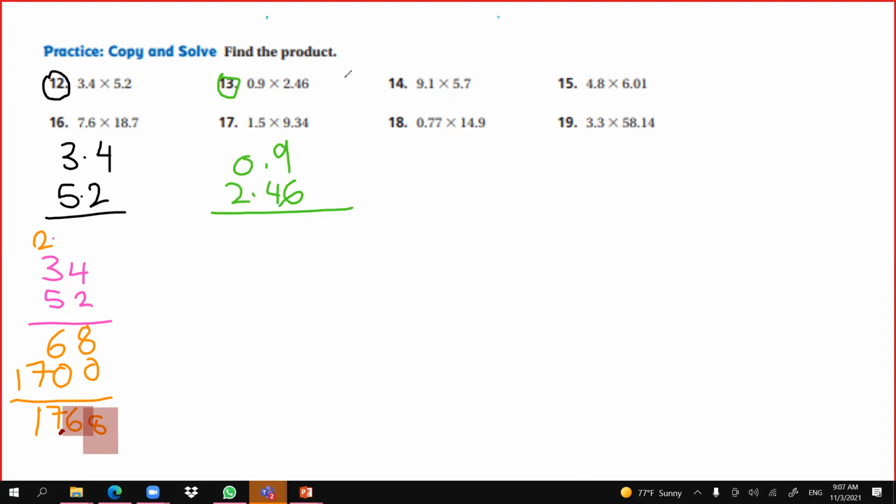What do you have to do first? Multiply 9 and 2, 4, 6. Yes, 9 times 6, or you can put them like 246 times 9. 9 times 6, 54.